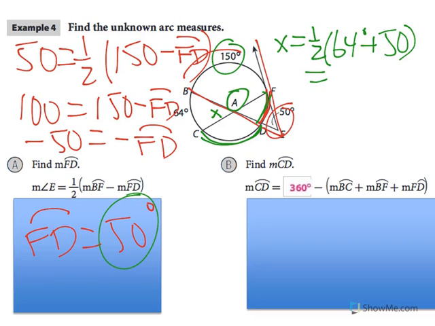Half of that is 57 degrees. So this angle here is now 57 degrees, but this forms a straight line, so we can find the other angle by doing 180 minus 57.